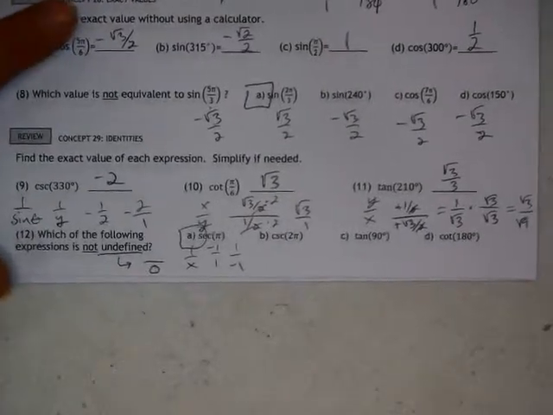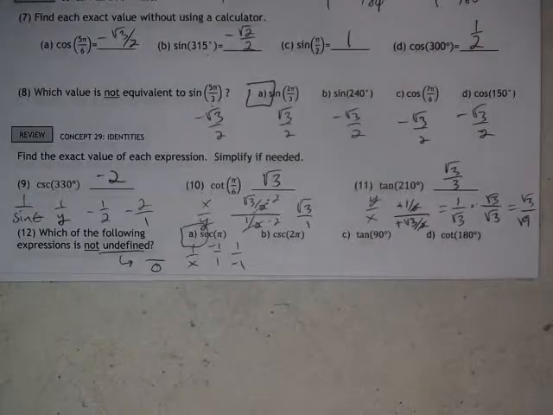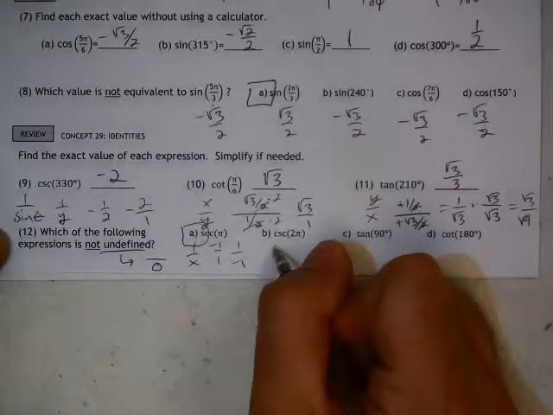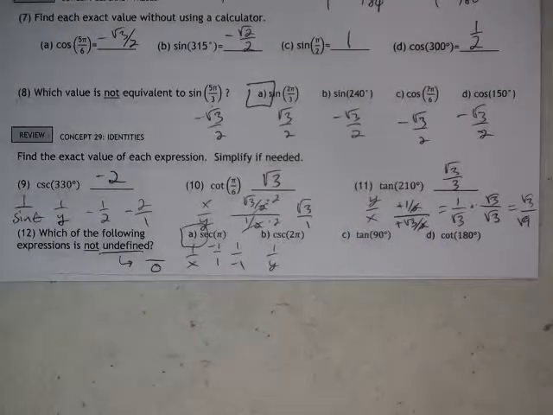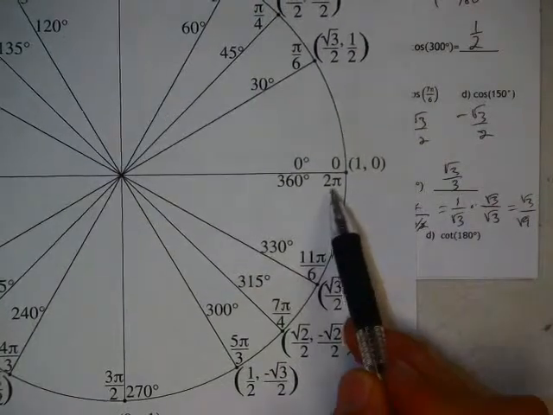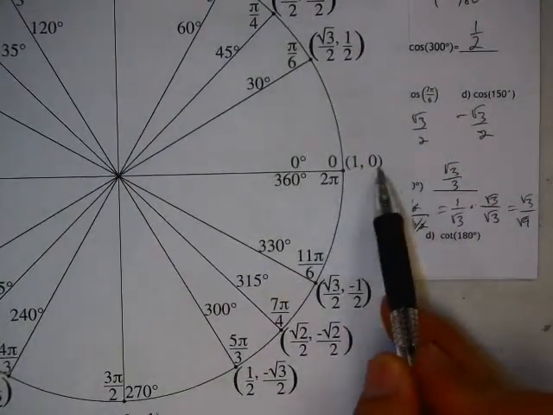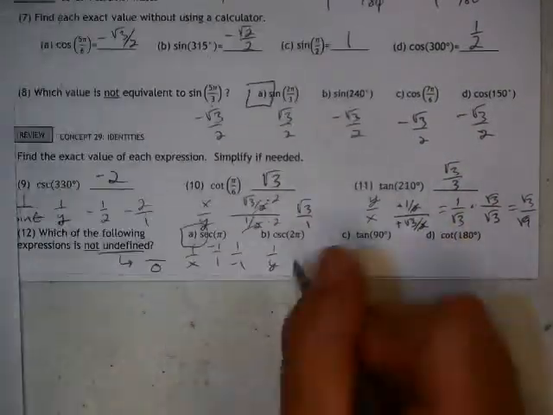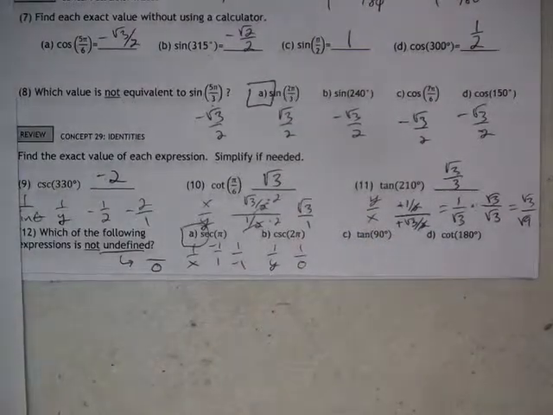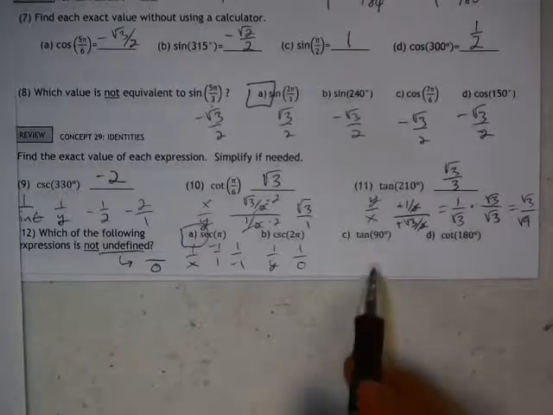And in part B, the CSC means cosecant, which is taking your sine or your y value and flipping it over. So again, we're taking the y coordinate and doing the reciprocal. So at 2 pi, there's 2 pi. The y coordinate is 0, which would start as 0 over 1, but if I flip it over, it becomes 1 over 0. That's undefined.